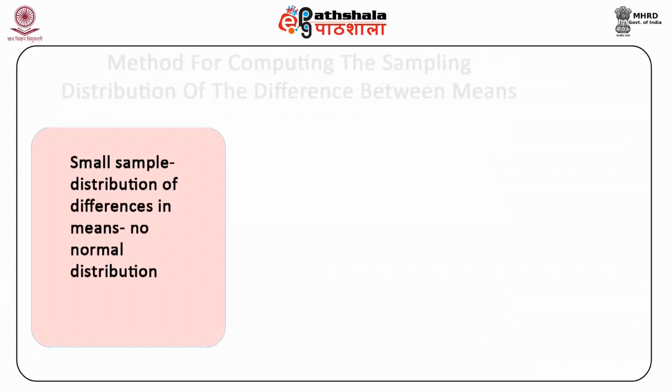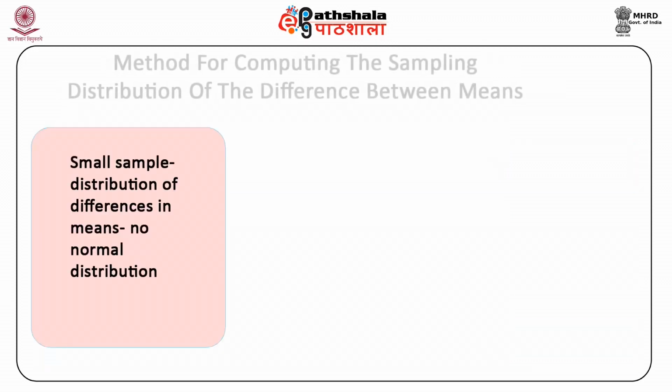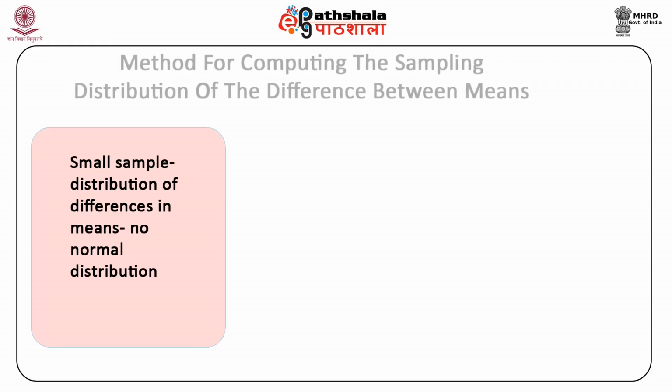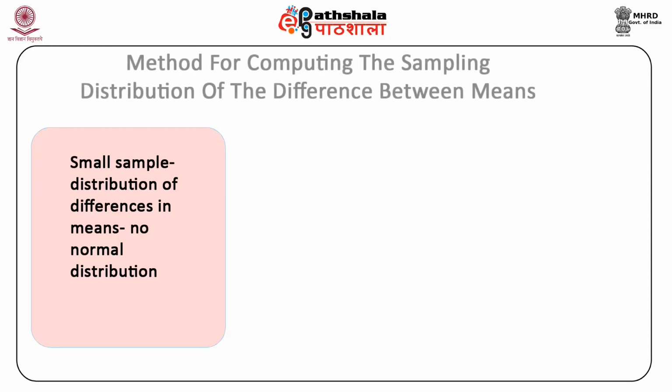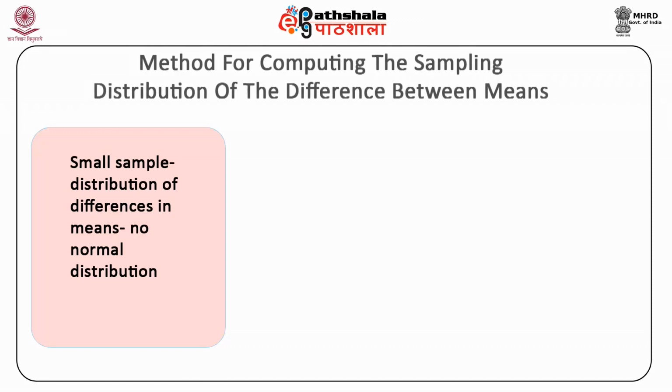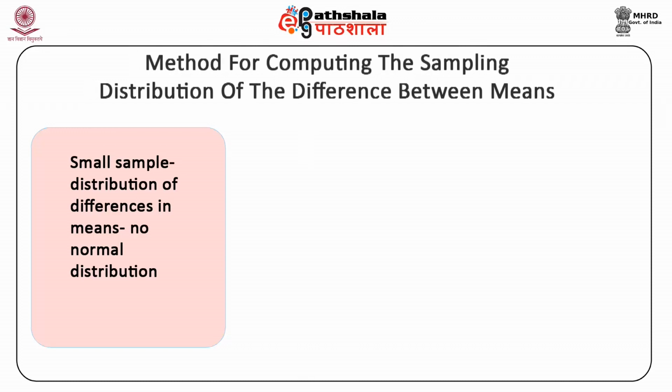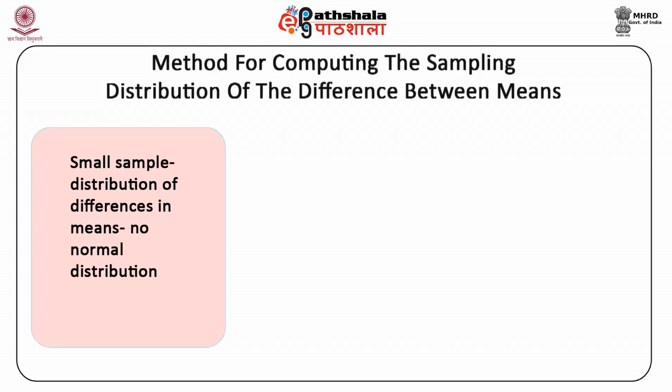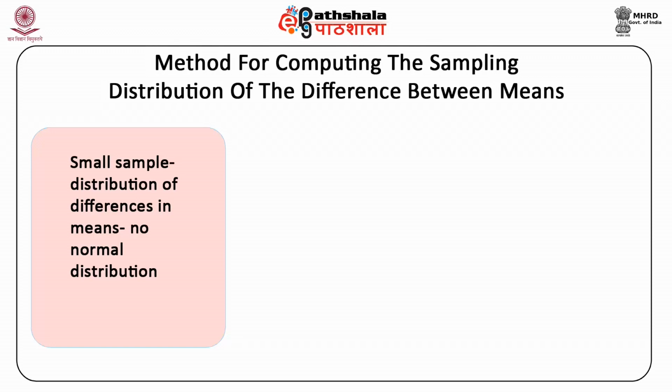If either sample is small, that is less than 30, we cannot assume that the distribution of the difference in sample means, that is y1 bar minus y2 bar, fits a normal distribution. The normal deviate z therefore cannot be used.